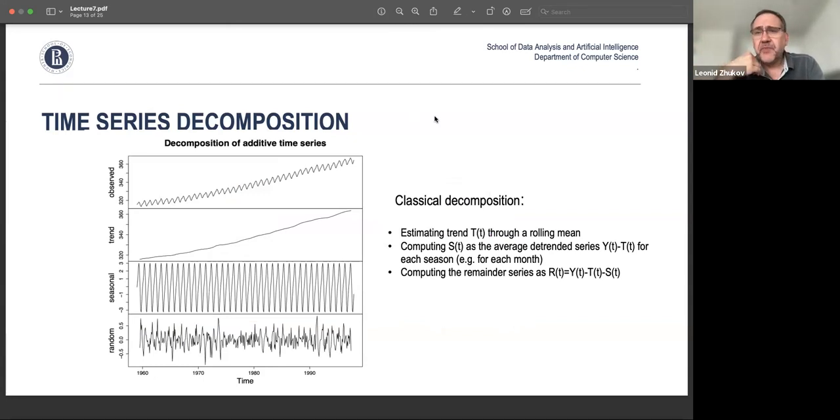You can also think of calculating a linear trend with a least squares fit for a straight line, or you can just estimate a trend by this rolling window, and then you can subtract that trend, and you get a detrended signal, and then if there is a periodic component, you can remove that periodicity again, having computed it.